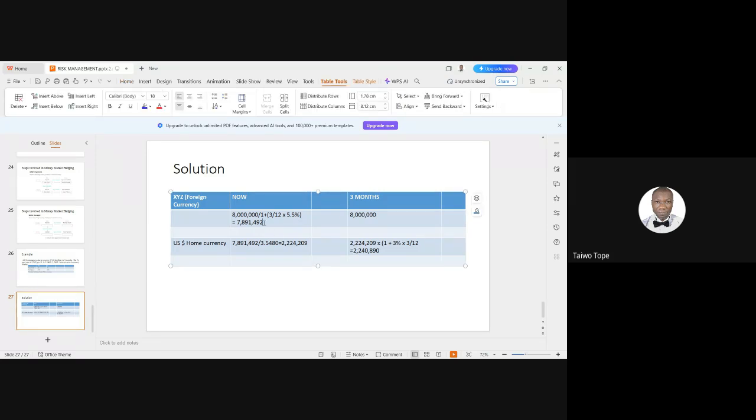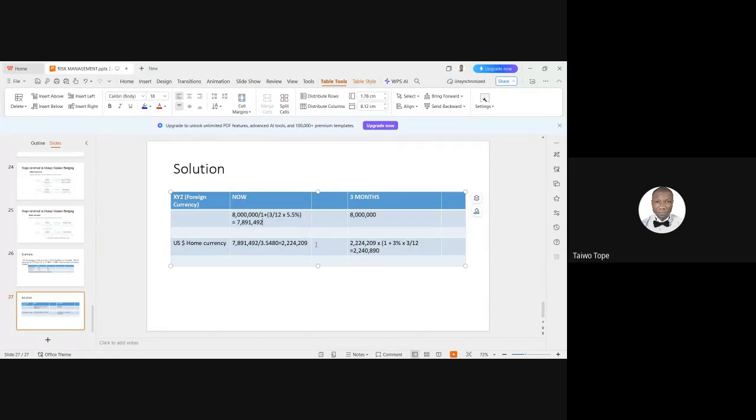We just knock out what is being paid to you. So you can quickly borrow at this rate, 7,891,492 now. It will grow to the point that you don't need to pay interest again. It will mature into 8 million in the foreign currency.